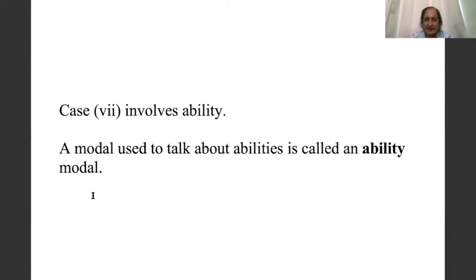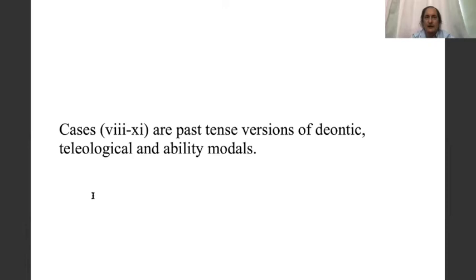Finally, case 7 was the ability, something that John can do. We'll call that an ability modal. Cases 8 through 11, those are the past tense versions of deontic, teleological, and ability modals.